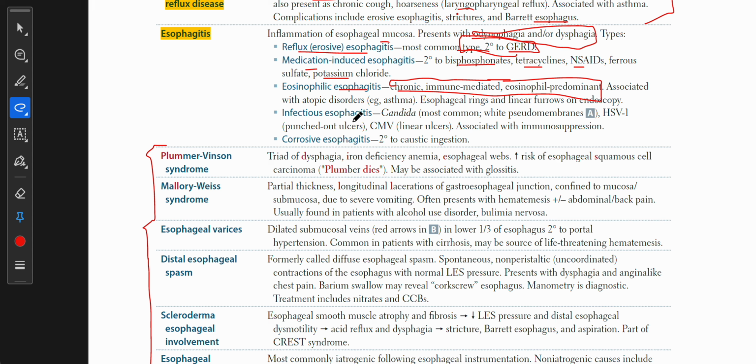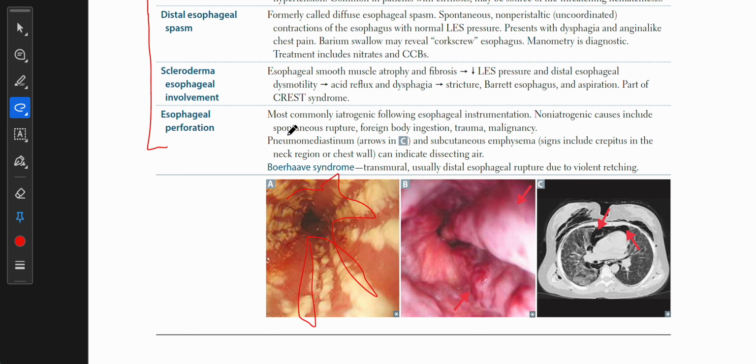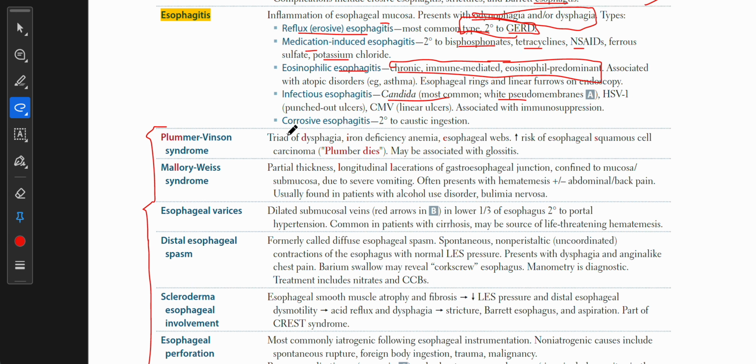So in infectious esophagitis, Candida is the most common. White pseudomembranes are there. These all are due to Candida albicans. And then HSV1, herpes simplex virus 1, causes punched-out ulcers.